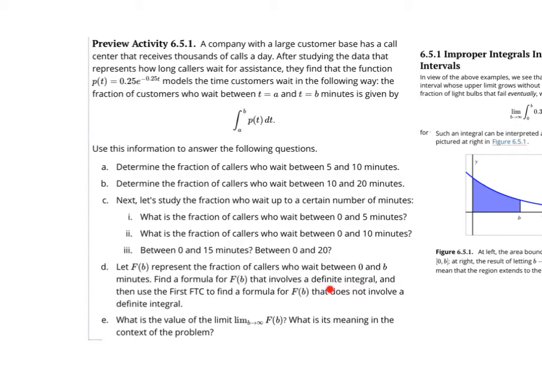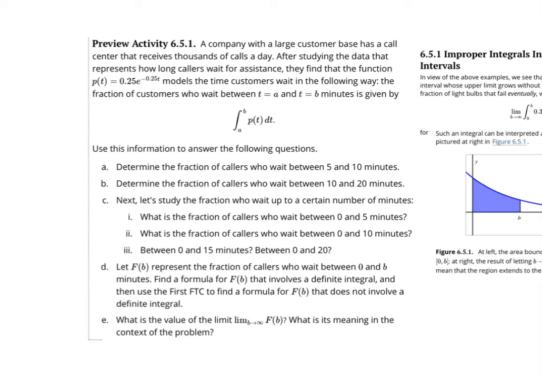So you should be able to see which definite integral they're talking about, and then use the first fundamental theorem of calculus. In other words, calculate the integral, thinking of b as some sort of number, without knowing what the number actually is, to find a formula for F of B that no longer involves a definite integral.